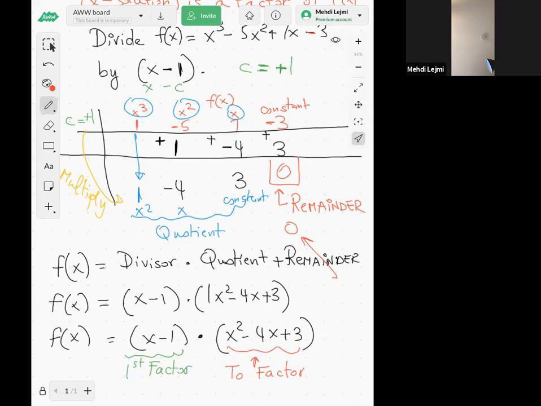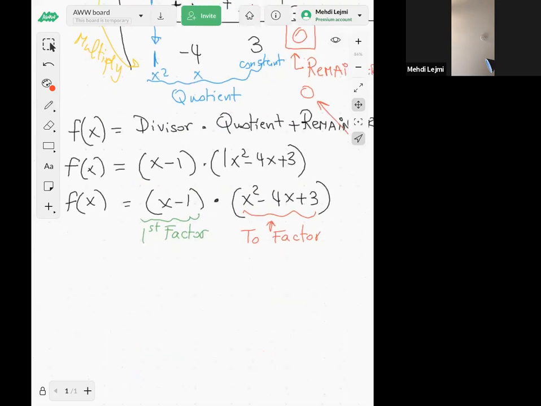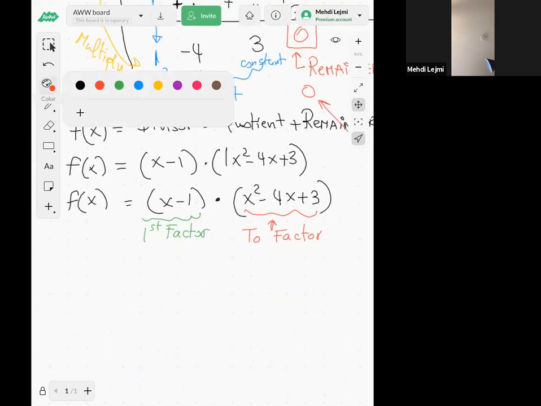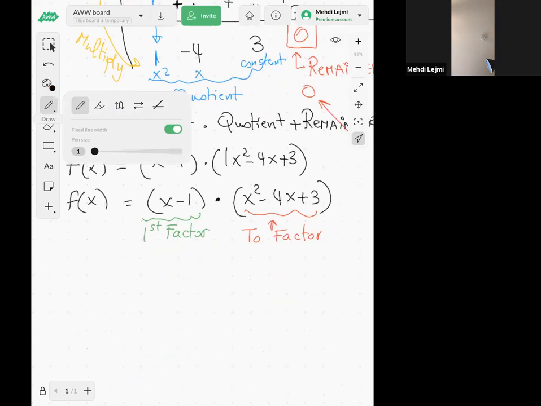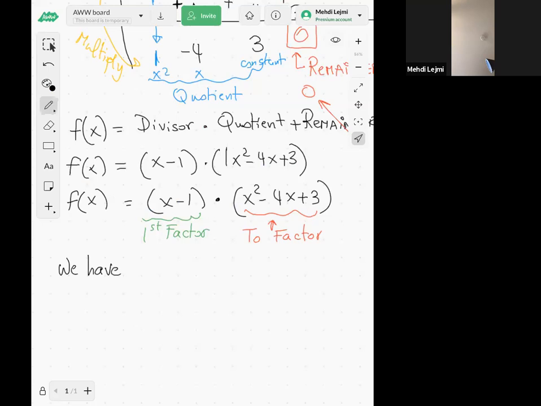One way would be just to solve this x squared minus 4x plus 3. As I said, we have to factor now. Again, we want a complete factorization of f of x, right? x minus 1 is my first factor. Now I need to factorize this x squared minus 4x plus 3.